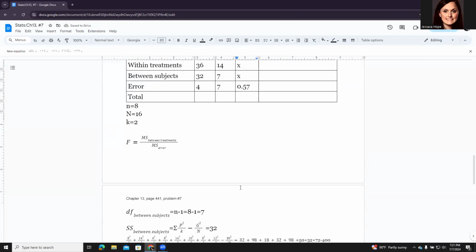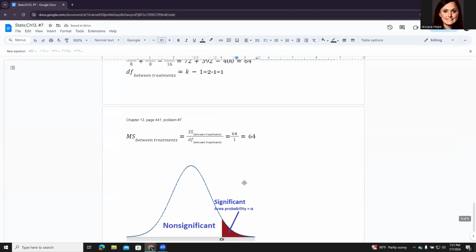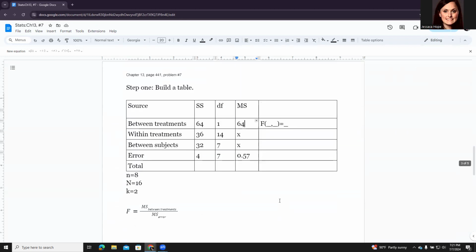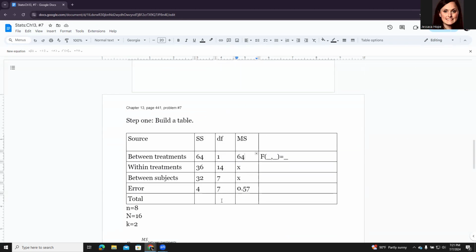Now we know that the first blank is degrees of freedom between treatments, so that's 1. And this is degrees of freedom error, and that's 7.